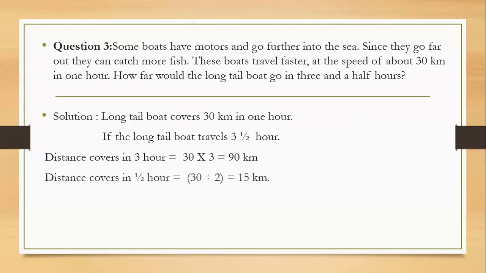Second step, distance covered in half hour. In 1 hour it is 30, so in half hour it would be 30 divided by 2. That is 15 km. So adding these two distances, we'll get the total distance traveled in 3.5 hours. So total distance covered in 3.5 hours is 90 plus 15. That is 105 km.